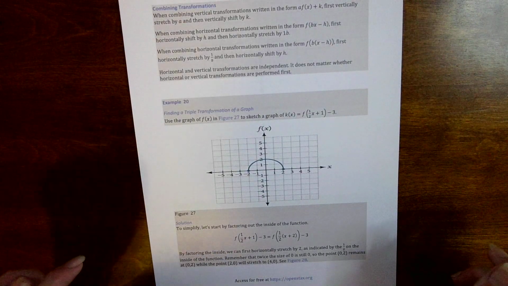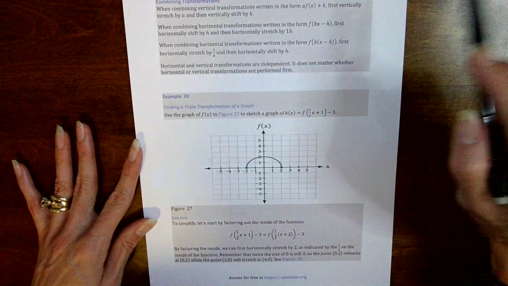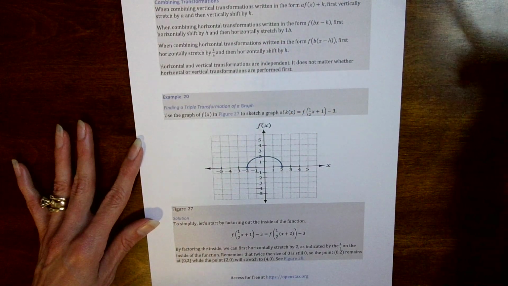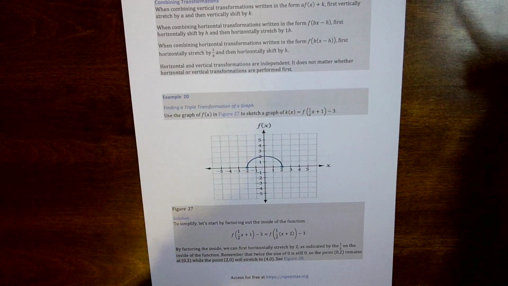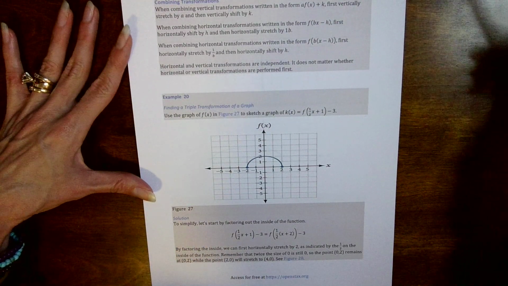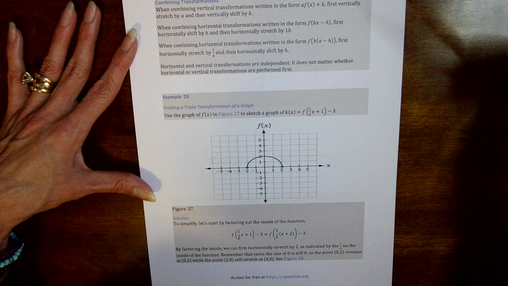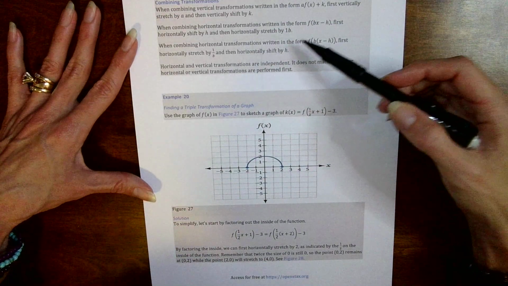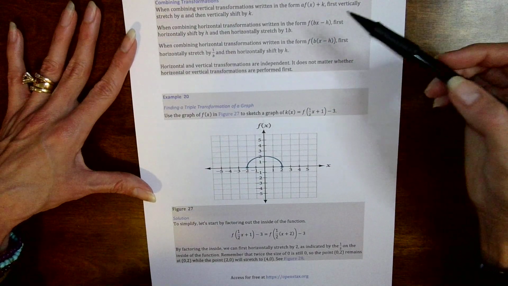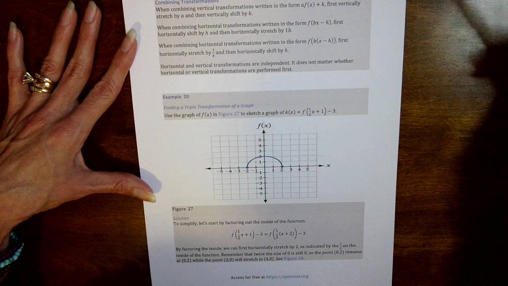And then you can combine all of these things. First thing you do, if you have a bunch of things in here, you're going to first vertically stretch by a, and then vertically shift by k. If you're combining horizontal, you're going to first horizontally shift by h and then stretch by b.